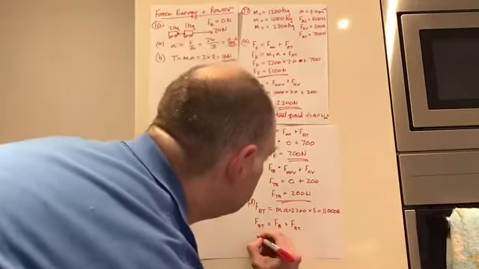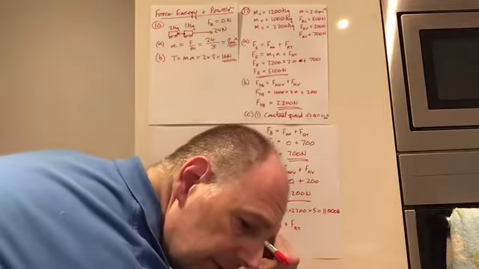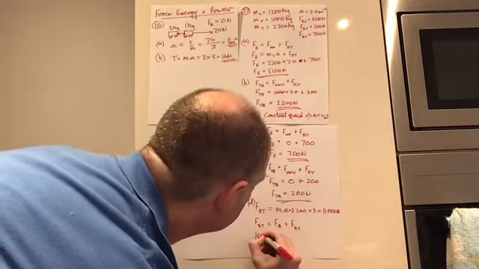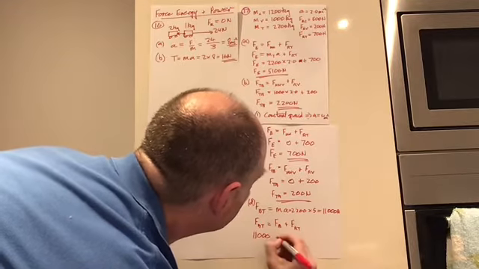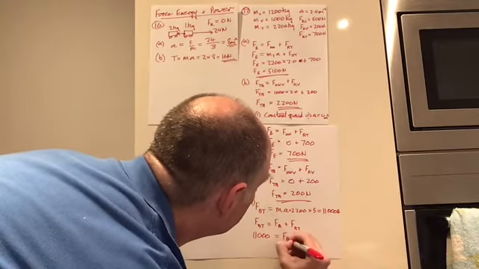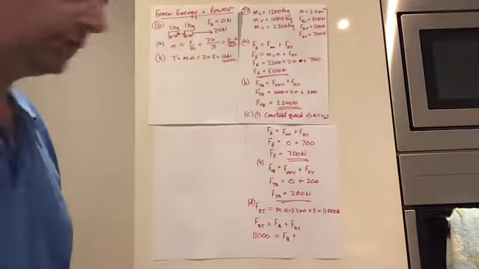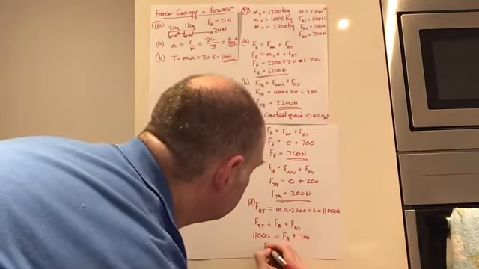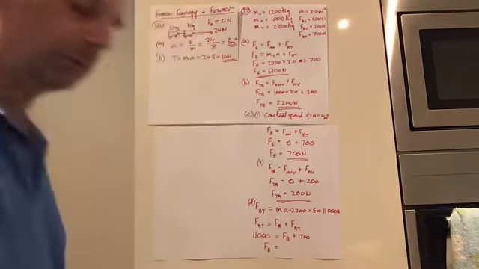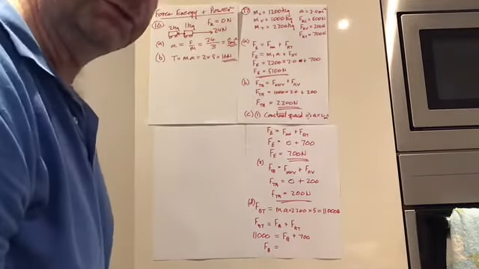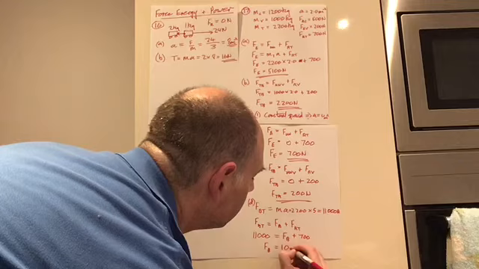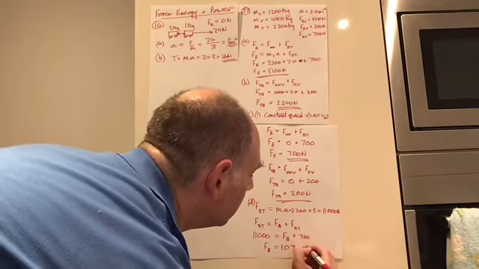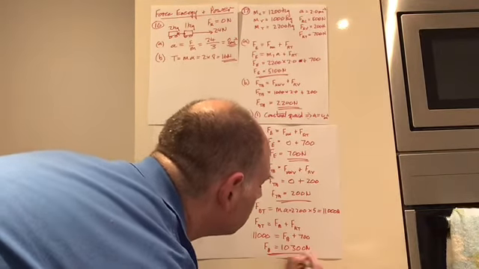So that's going to be 11,000 equals the force from the brakes plus the friction forces, which means the force that's coming only from the brakes, not including the friction forces, is 10,300 newtons. And there we go.